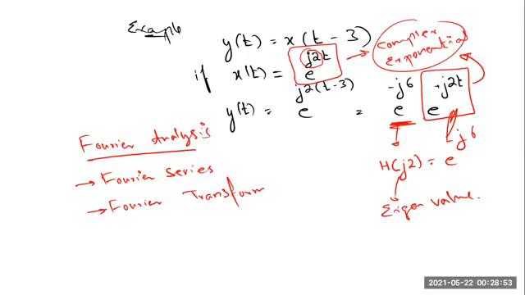Fourier series, which is the topic of this chapter, is used for periodic signals. Whenever you represent any signal in its Fourier series representation, it means the signal is a periodic signal. So it is for periodic signals.